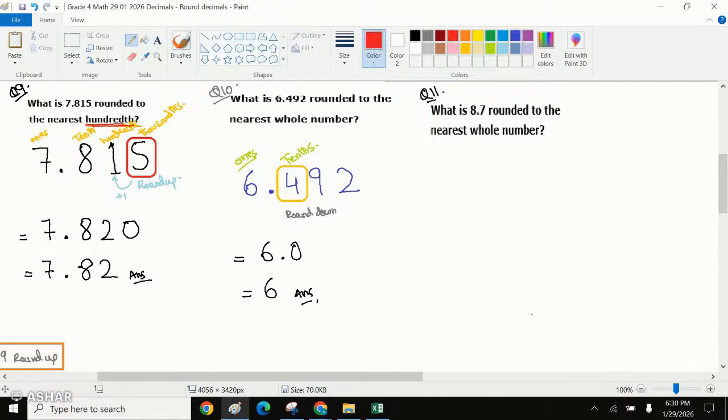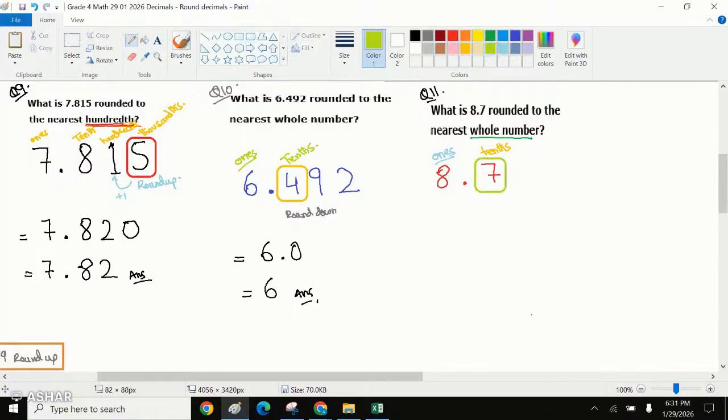So can we say that 8? I'm just doing the question, your answer is perfectly correct, right? If we need to look at the whole number, so we need to see the ones. If we need to round it off to the ones, then we need to consider the tens position. Would tens round up or round down?